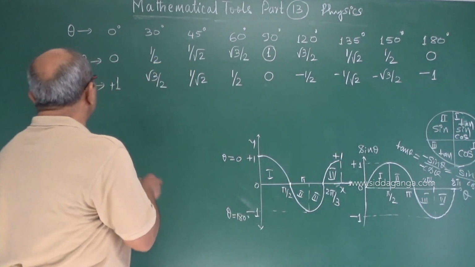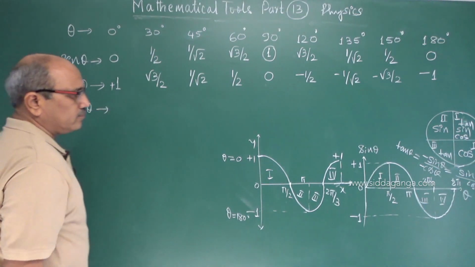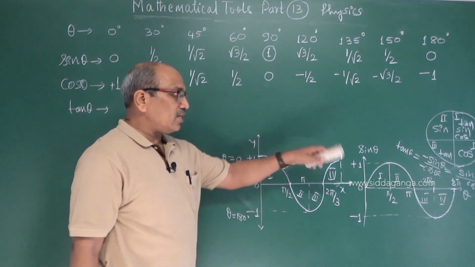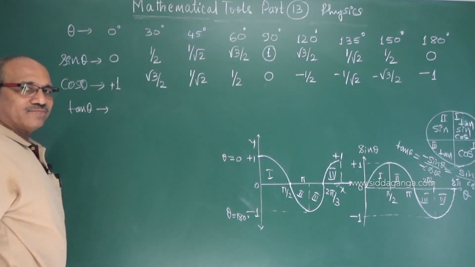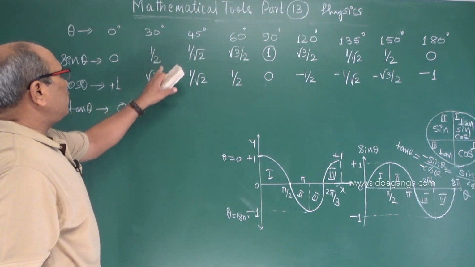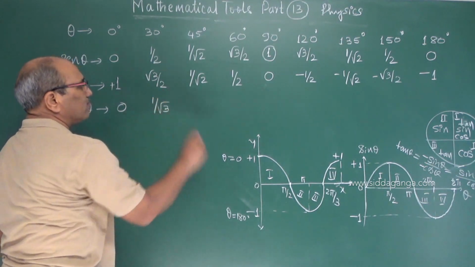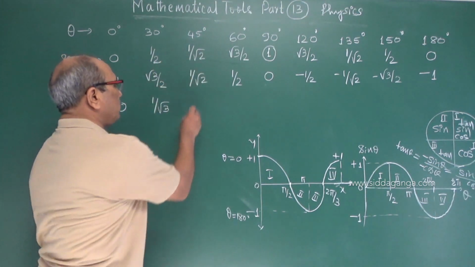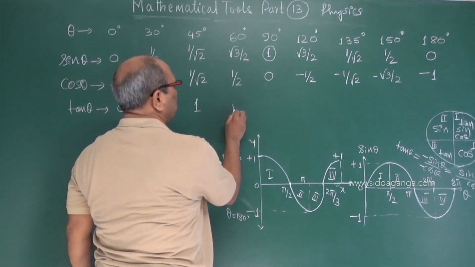And as we come to the tan function, tan theta is a ratio of sine and cos. Easily you come to know the ratio. If you take 0 by 1, it is 0. 1 by 2 divided by root 3 by 2 becomes 1 by root 3. Both become 1. Root 3 by 2 divided by 1 by 2 becomes root 3.